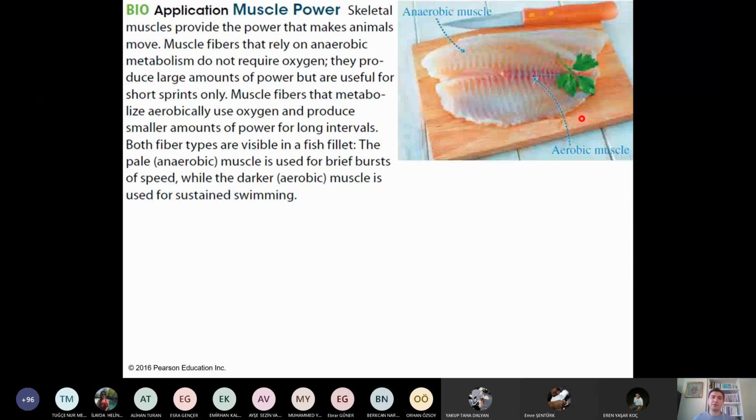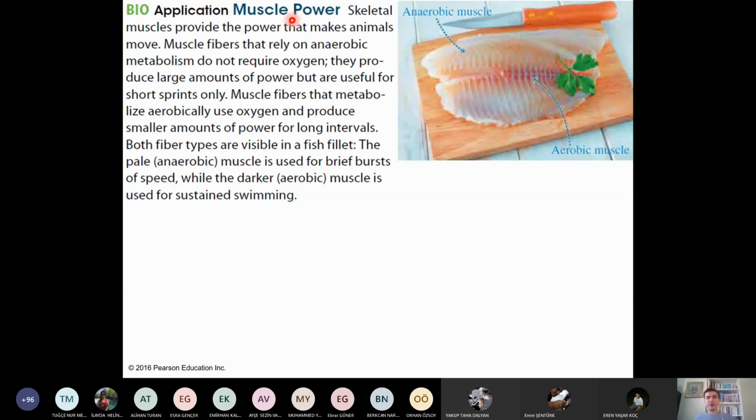And the pale ones here, anaerobic muscles, are used for brief bursts of speed. Any question here? This is the application of power in muscles. Of course, in the human body we also have this type of muscles, and in other animals there are many types of muscles, and with this property of the muscles, animals can produce power.